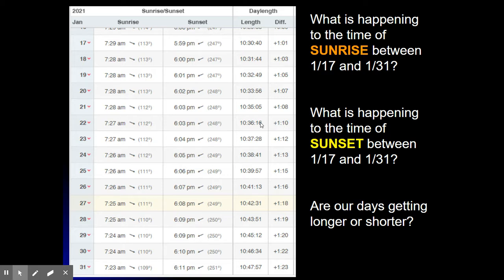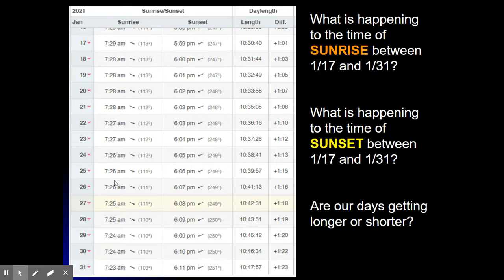Our bodies are not that in tune to notice a minute difference here or there. But you can see that basically each day in January, we're adding another minute of daytime. So right about now, during this time of year, we are basically adding a minute of daylight to our day every day.